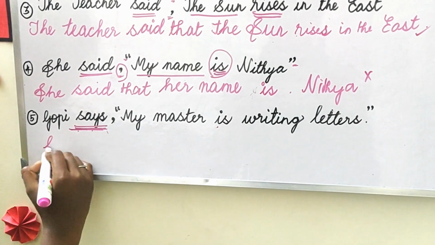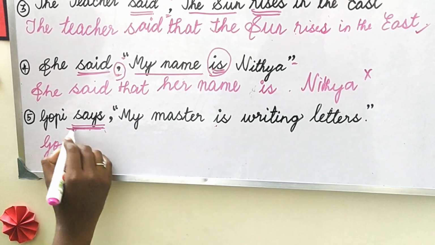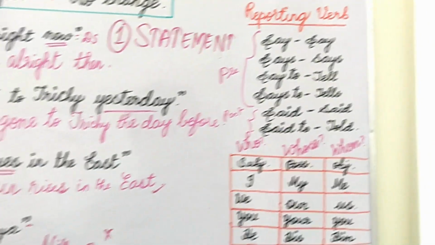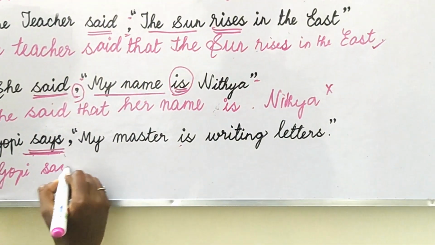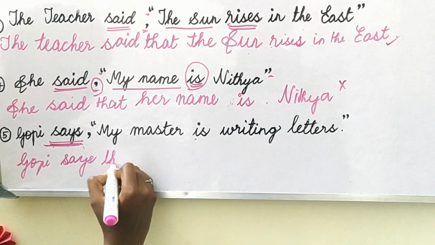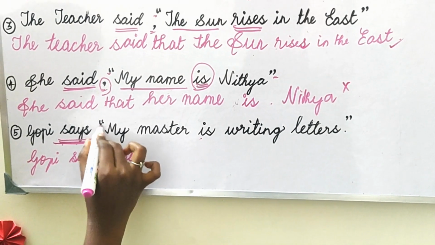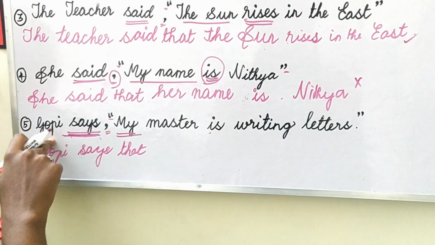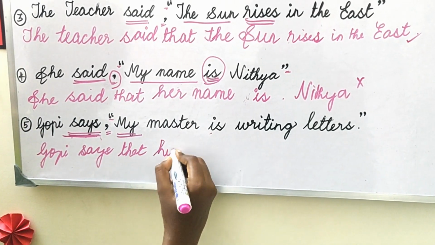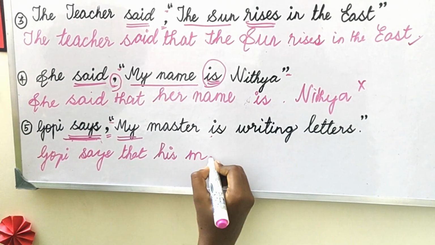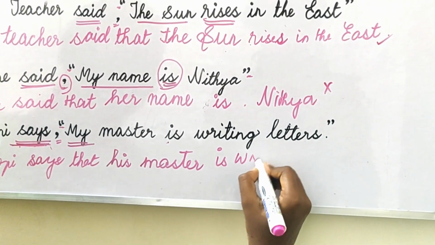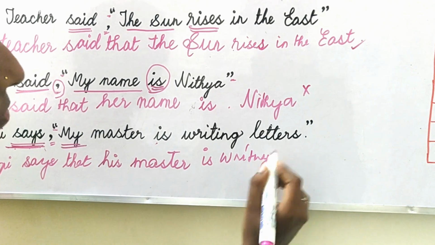How does it work? See. Gopi says, how is "says" changed? "Says" is "says" only. Gopi says that all other things are the same. Whose master? His, Gopi's master. So his master is writing letters.